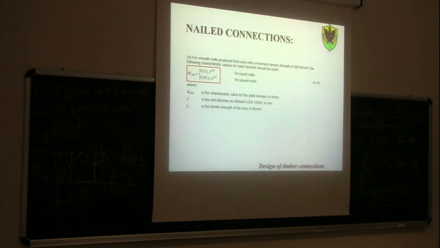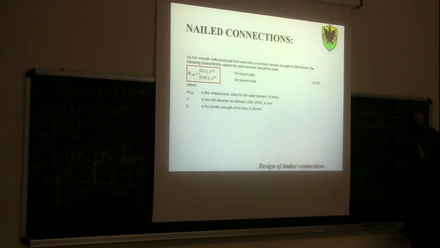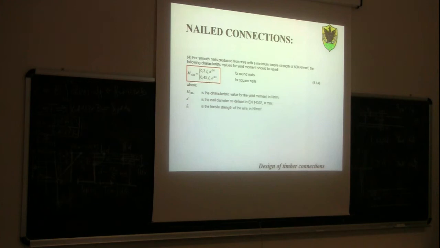W_p, exactly. So the section modulus of the circular cross-section times the yielding strength, or times what they call there, it's f_u. W_p is equal to what?